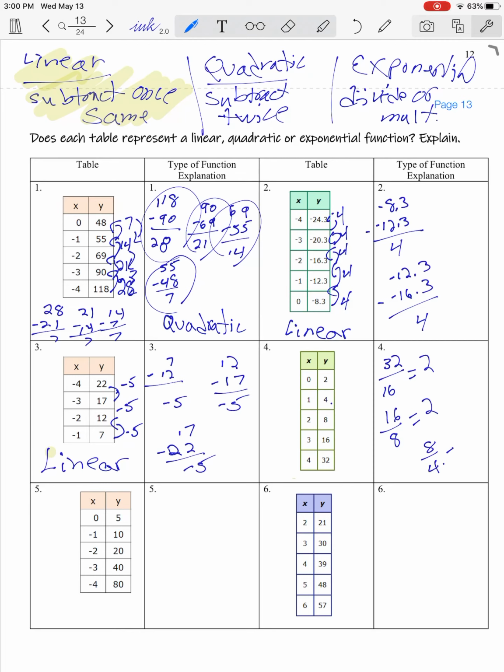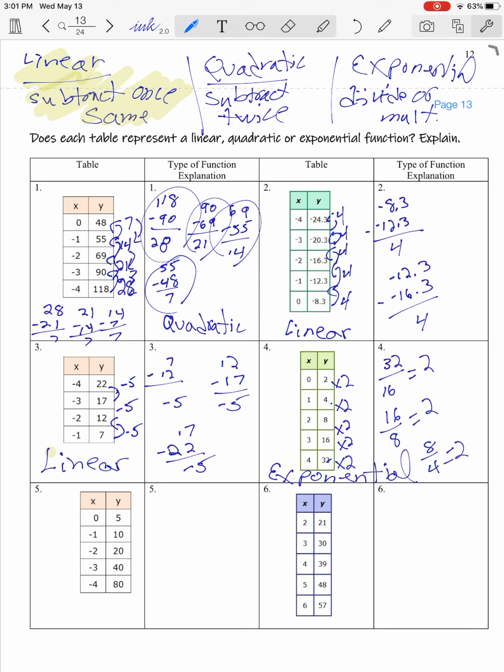What's 16 divided by 8? 2. What's 8 divided by 4? 2. So I know we're here multiplying everything by 2. What happens when I multiply? It's not linear. It's not quadratic. This one is going to be exponential.